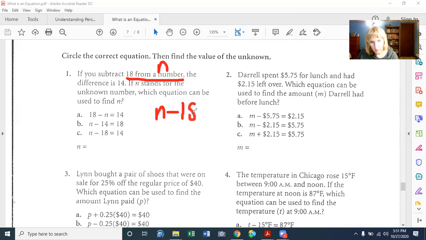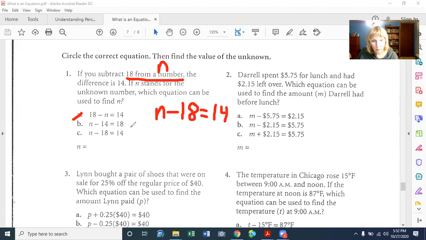So we can't do it the other way. That eliminates A right away because that's taking the number from 18. So we don't want that. And then they say the difference, or the answer, is going to be 14.